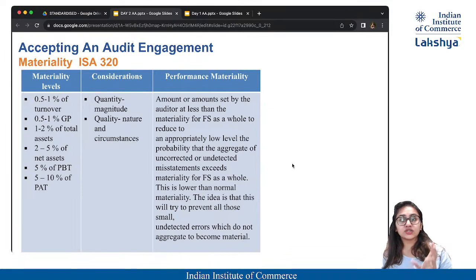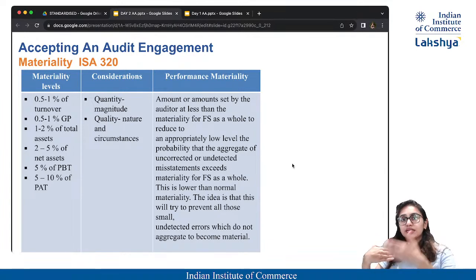And my organization is making a turnover of 1 lakh. So 300 is not material for me, 200 is not material for me, 100 is not material for me, 400 is not material for me, 450 is also not material for me. Anything over and above 500 is material for me.